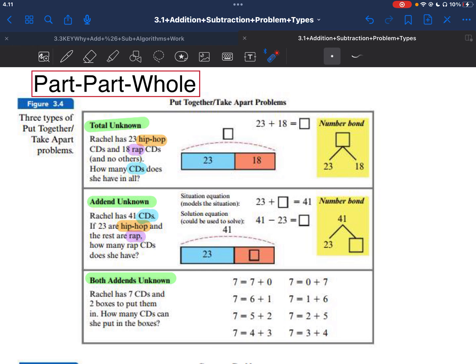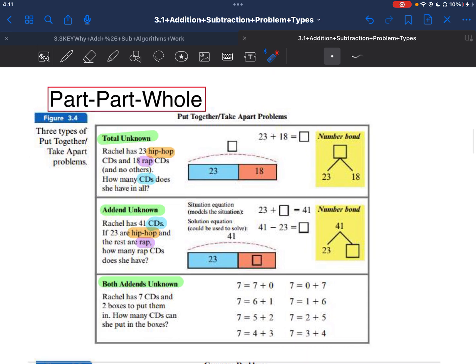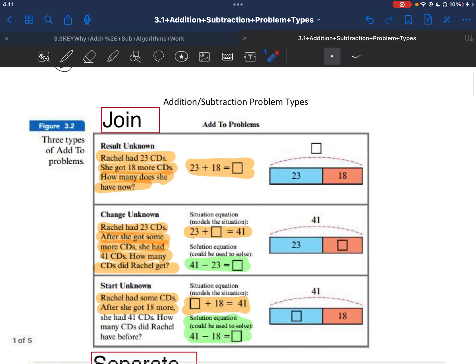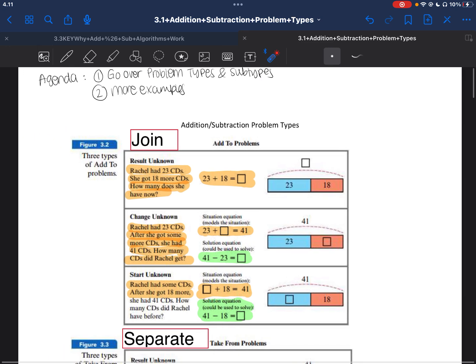We know how many there are in the hip hop category, which is 23. We just don't know how many are in the rap category. So you can think of it like if the add-in unknown has two subunits, in this case hip hop and rap CDs, within a bigger group of CDs, that's a part whole. But if you're using just one unit, simply CDs, that's a join problem, join change unknown.